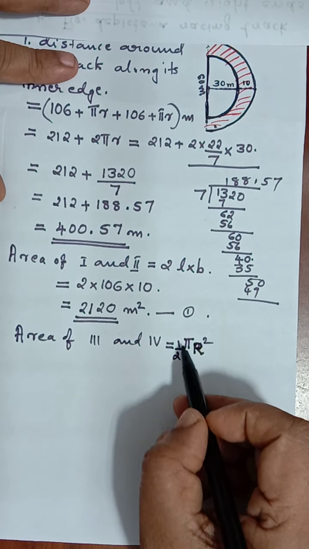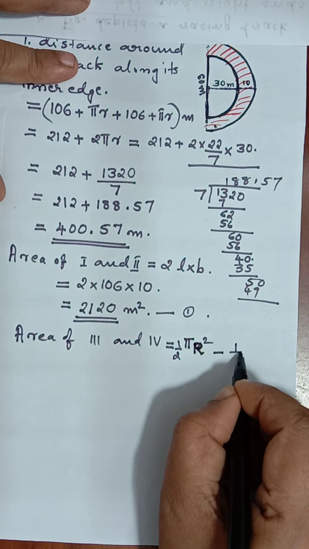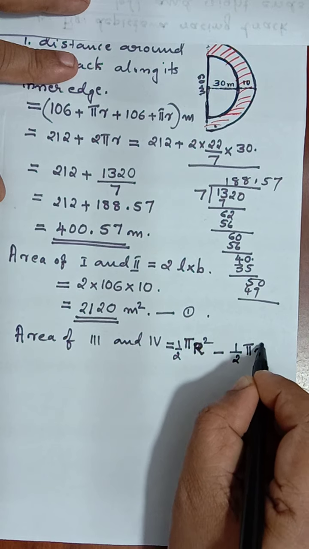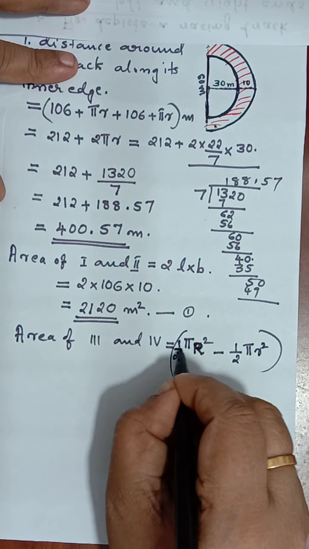Here we write half of pi capital R square minus half of pi small r square. That is the area of the half ring.